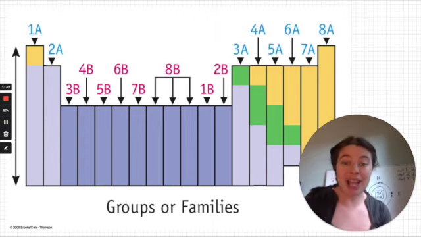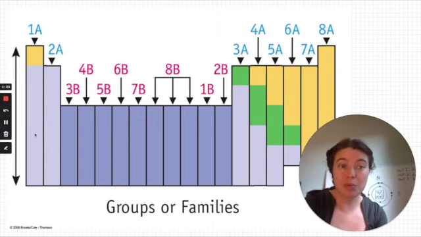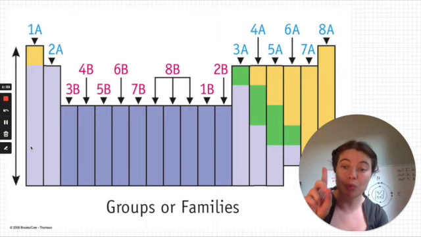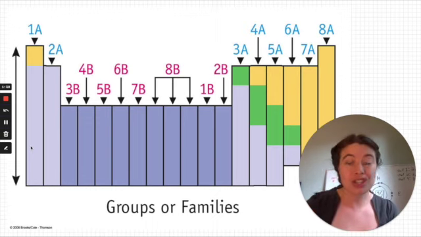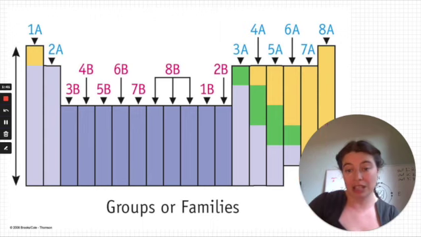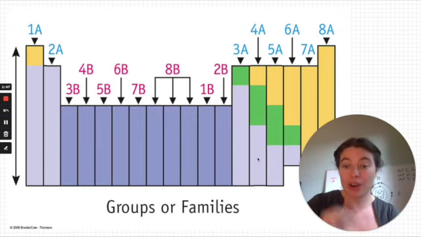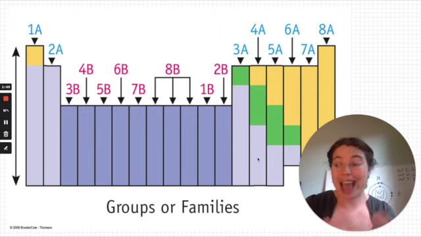For example, hydrogen is in column 1A, this first column, so it will have 1 valence electron. So will lithium and sodium and potassium and all the other elements in that column. Carbon is in column 4A, which means it has 4 valence electrons, as does everything else in that column.